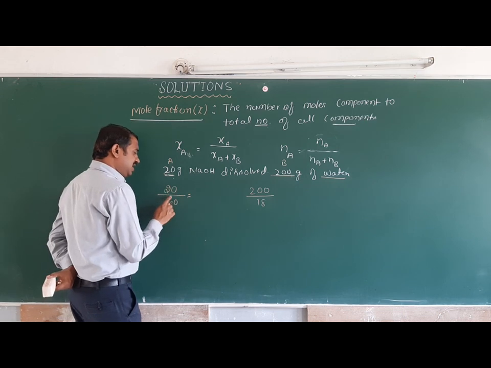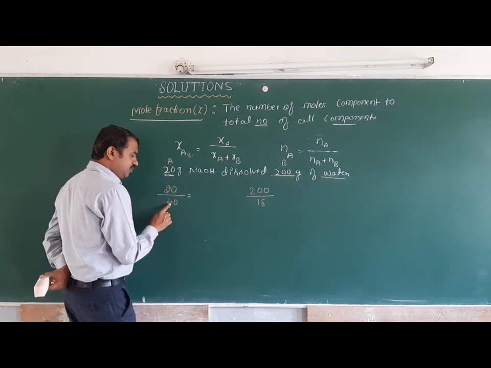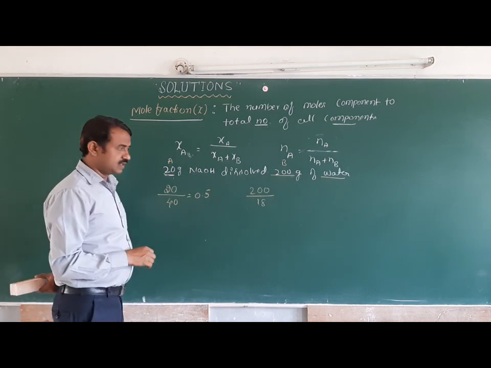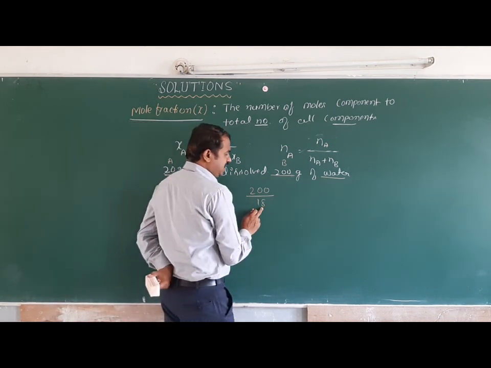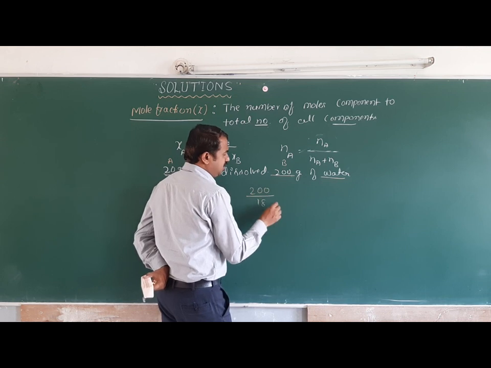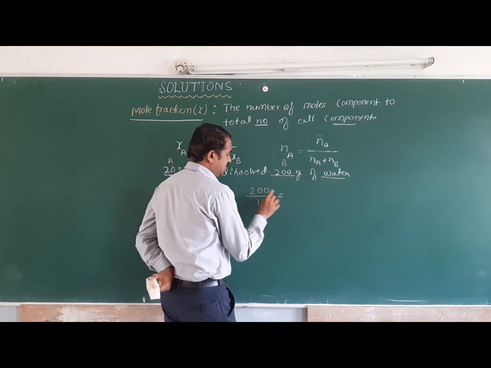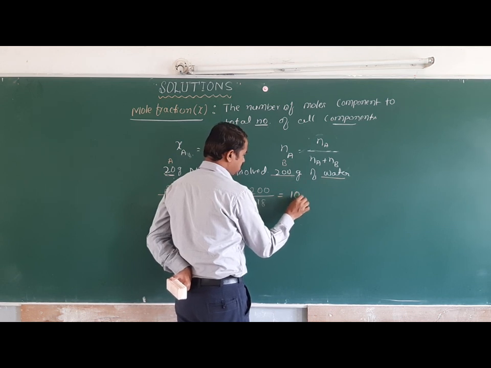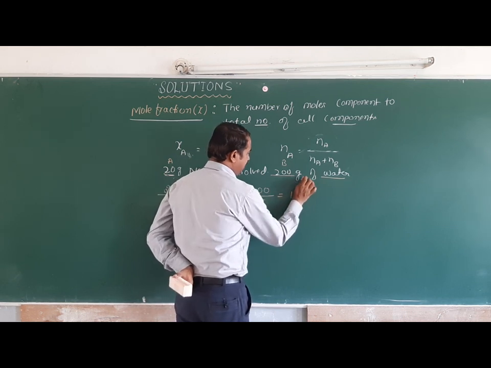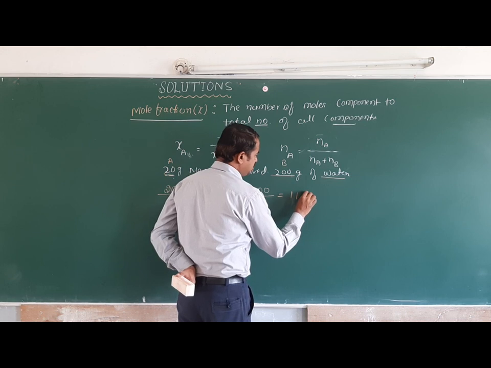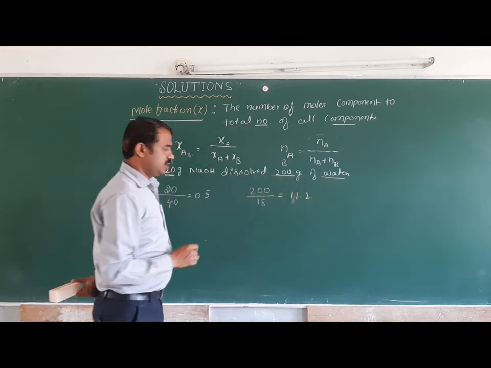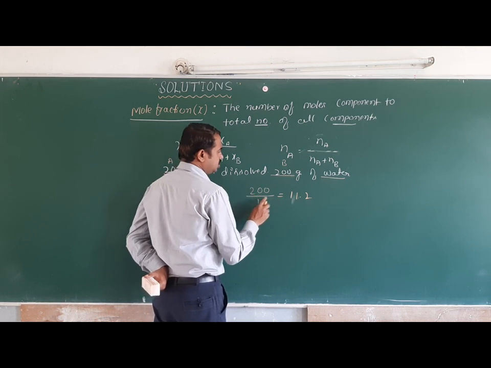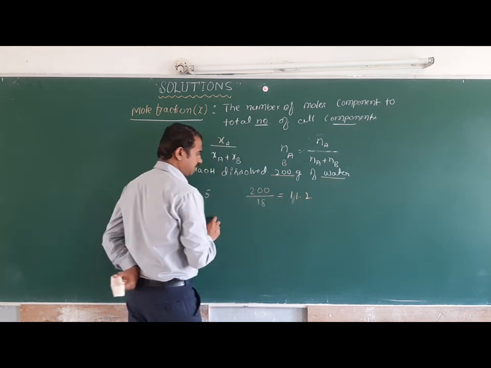So we get 20 divided by 40, which is 0.5. And 200 divided by 18 gives 11.1, about 11.2.